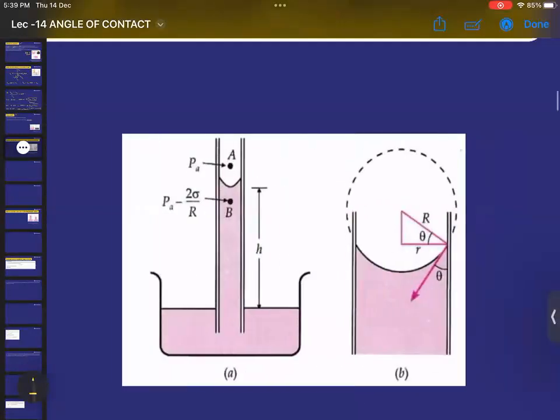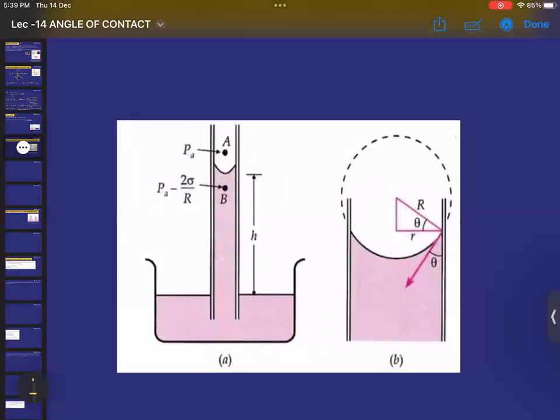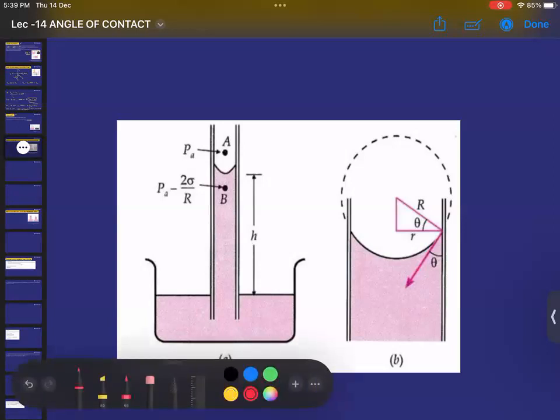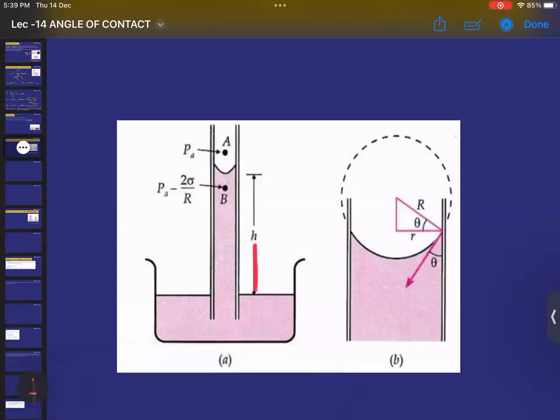So you need to consider only those kinds of liquids where the adhesive force is greater than the cohesive force. That's what we have done, right? Now, with respect to the liquid surface, can I say that inside the tube, there is a height h raised in the liquid column?